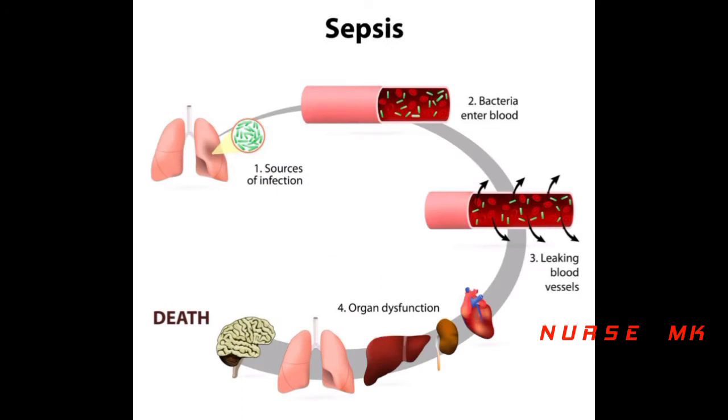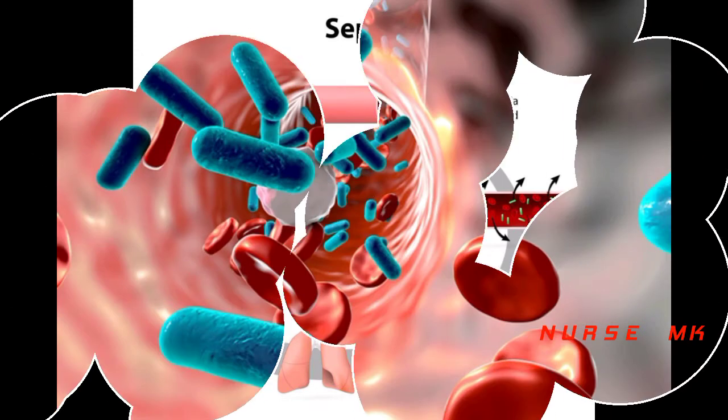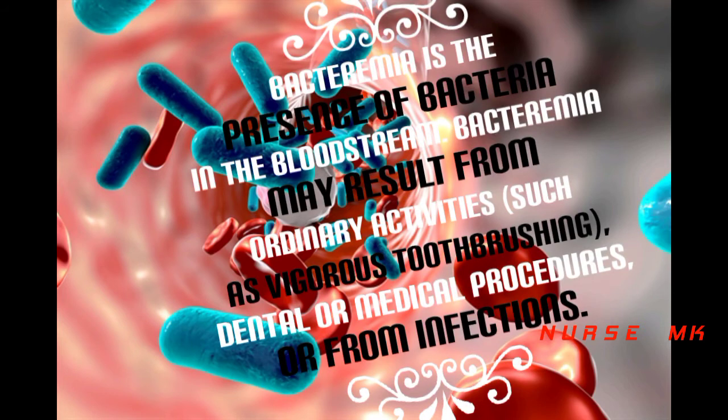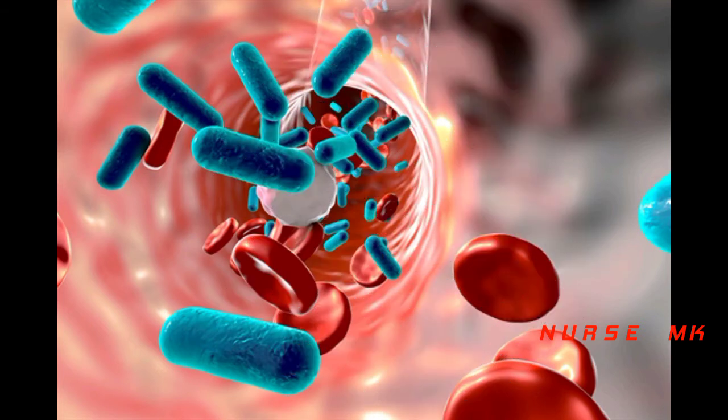Number 3, bacteremic shock, also called septic or toxic shock. This is the type of shock that results from a change in the capillary endothelium, permitting loss of blood plasma through capillary walls into the surrounding tissues by extravasation.